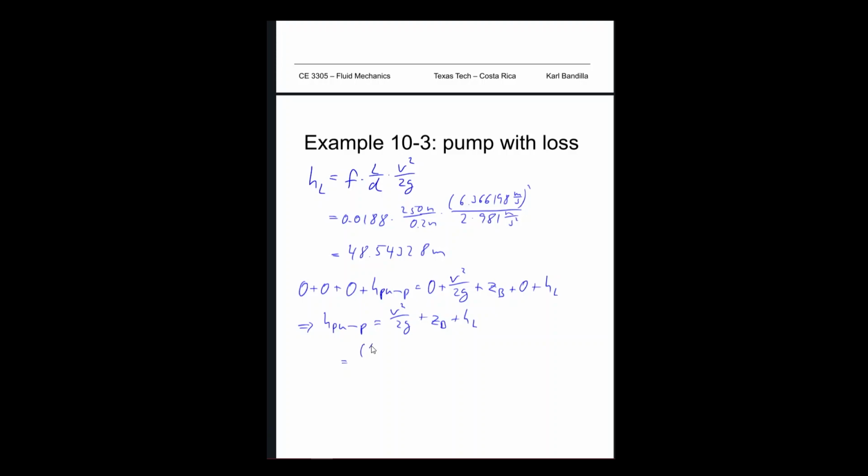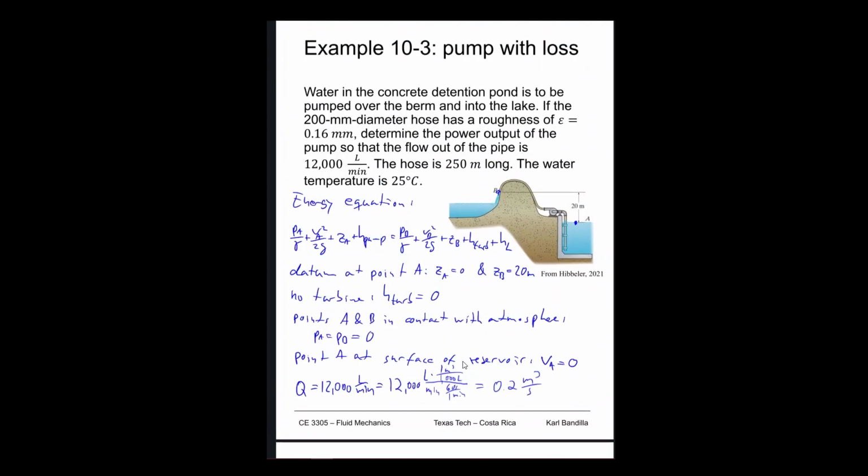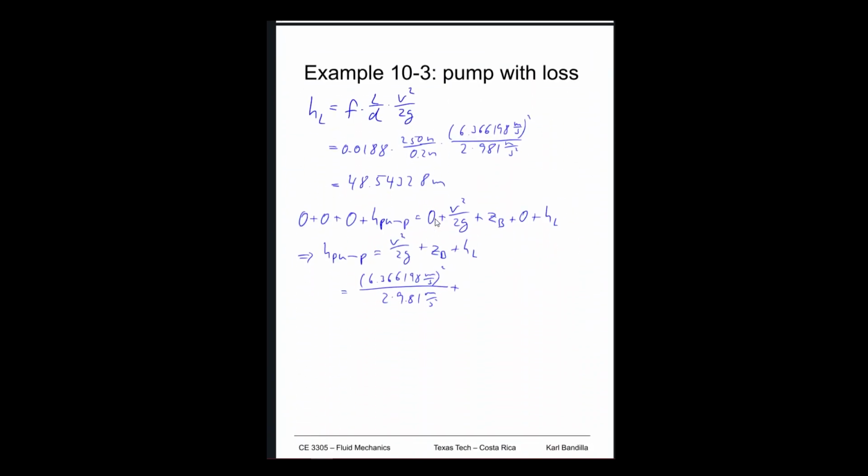So that will be again 6.366198 meters per second, squared, divided by 2 times 9.81 meters per second squared, plus Z_B, which was 20 meters, and then what we just calculated for h_L, 48.54328 meters.